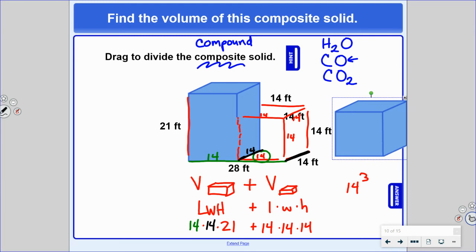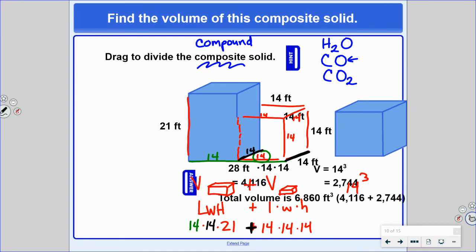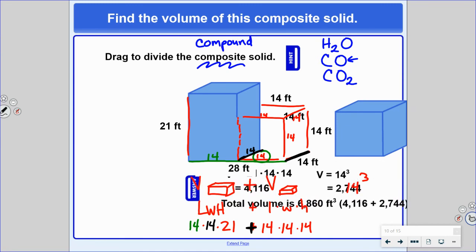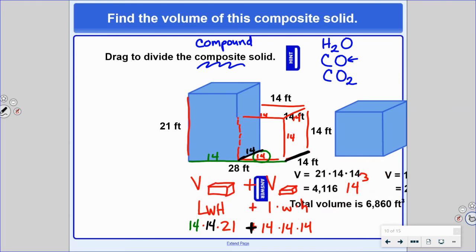And of course we need to add them together to find the total volume of this composite figure, which is, sorry, I'm going to write the answer down, 6860.